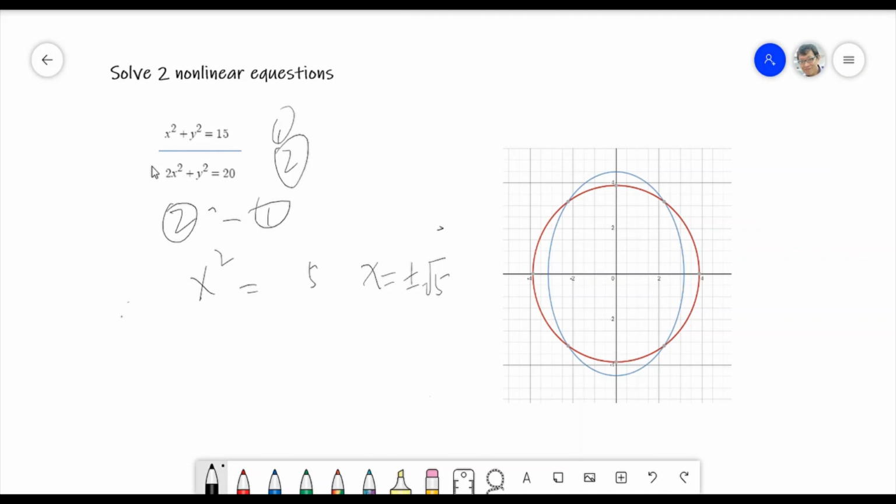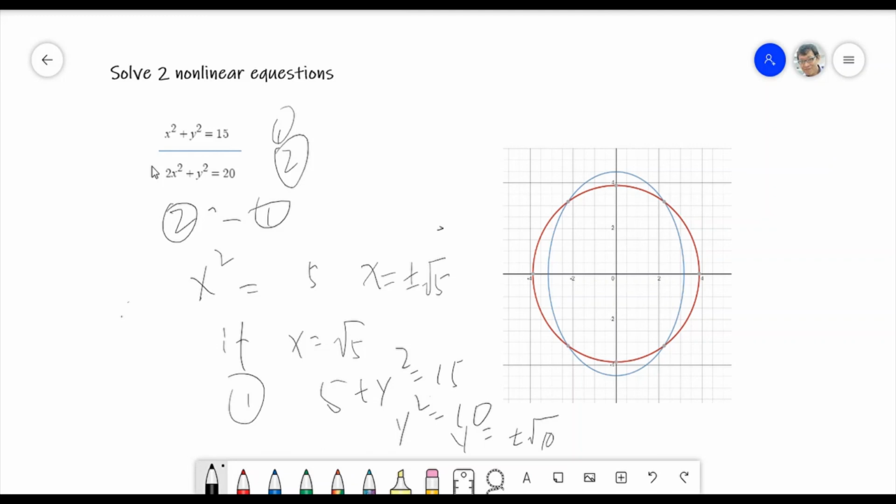If x equals square root of 5, then we substitute into equation 1. So x squared 5 plus y squared is equal to 15. So y squared equals 10, so y equals plus or minus the square root of 10.